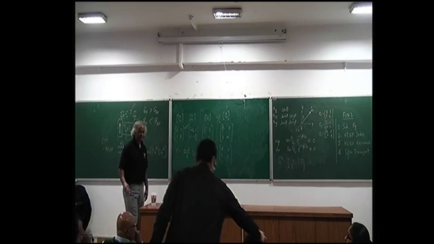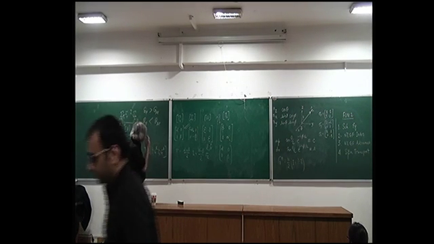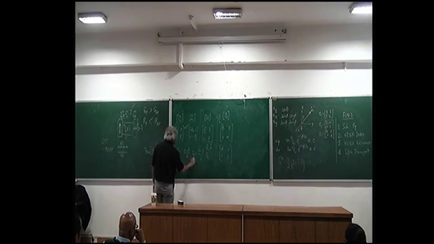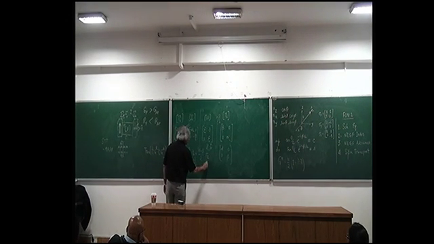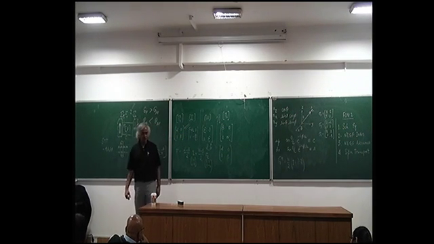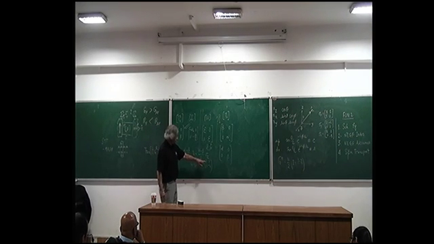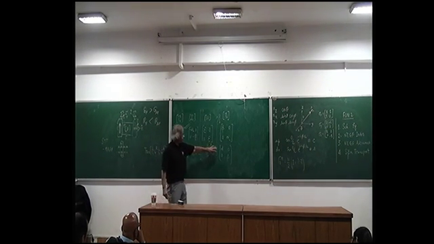Okay. Let's see. Did that work? Because I is 1, 1, 0, 0. Sigma Z is 1, 0, 0, minus 1. Now does it work? Because if I look at the upper diagonal, this one, it's this plus this, which is alpha.